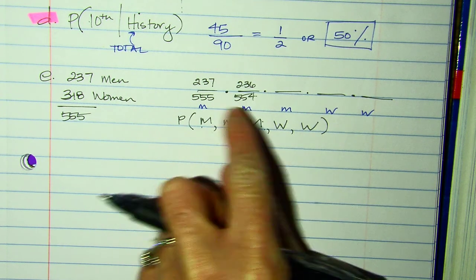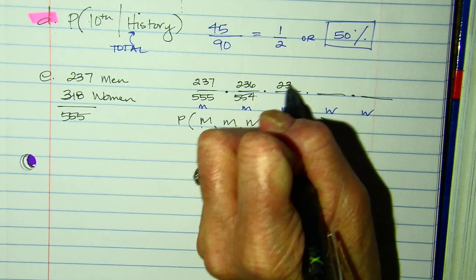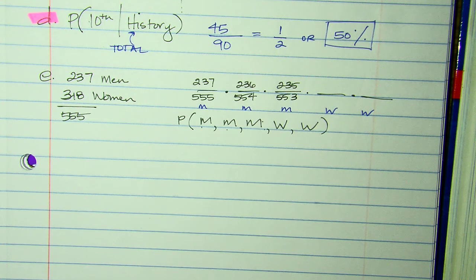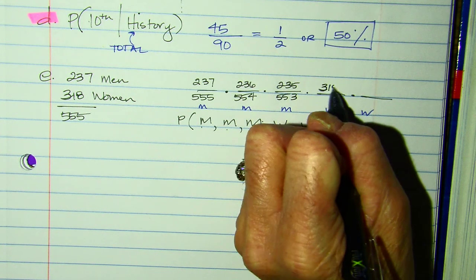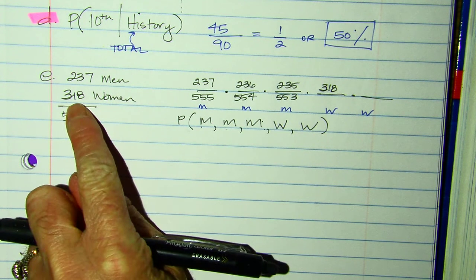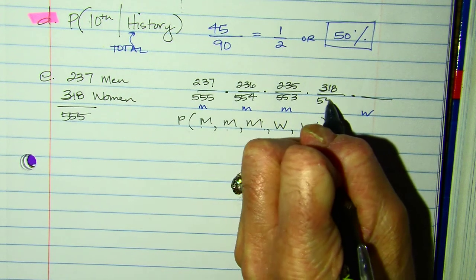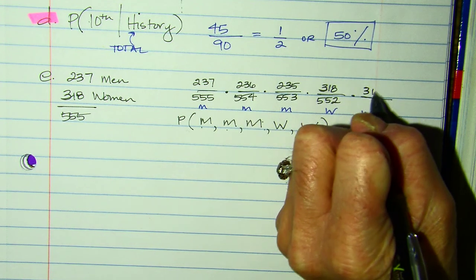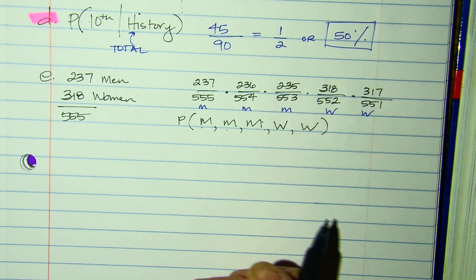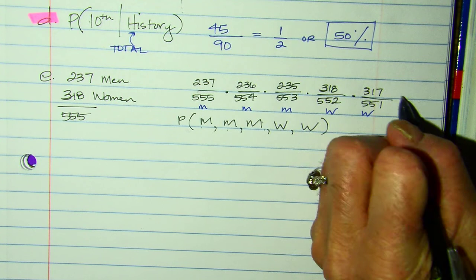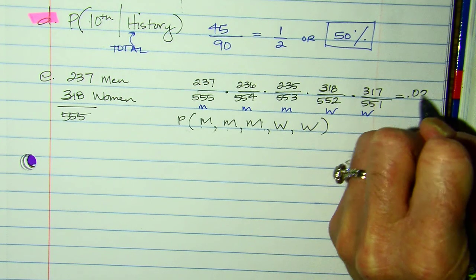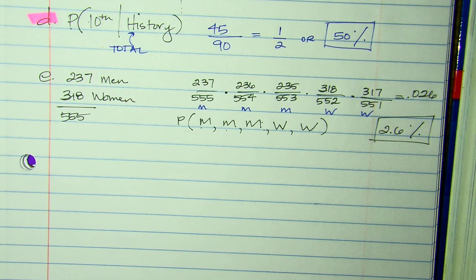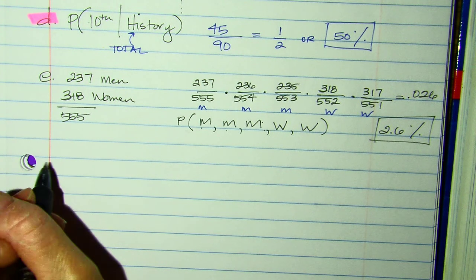So now I've chosen 2 men, so now I only have 235 left out of 553. Now, what's the probability the next one goes to a woman? Well, I still have 318 names of women in the raffle, but I only have a total of 552 because 3 men were chosen. And this next one should be 317 over 551. So if you multiply this straight across, you get 0.026 or 2.6%. That's the probability that the first 3 are men and the last 2 are women.